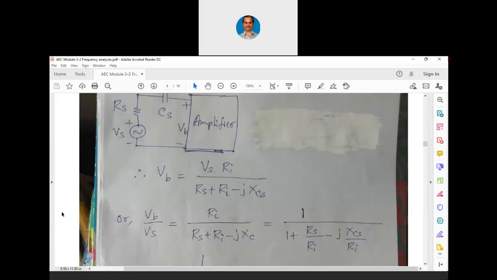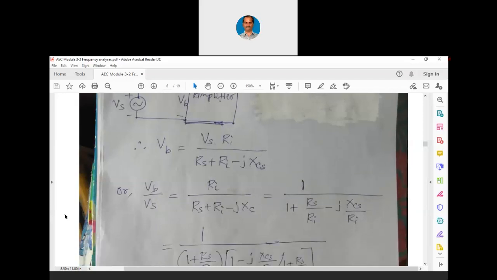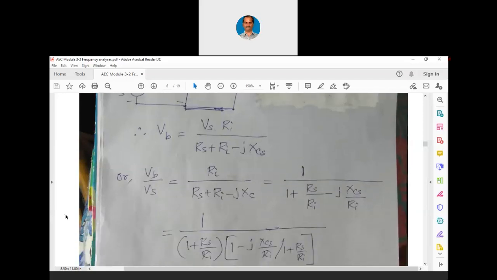That is the ratio of VB by Vs. That means there will be a drop across Rs and Cs. So this can be again written in a slightly different form as 1 by 1 plus Rs by Ri into 1 minus J into XCS by Ri divided by 1 plus Rs by Ri.